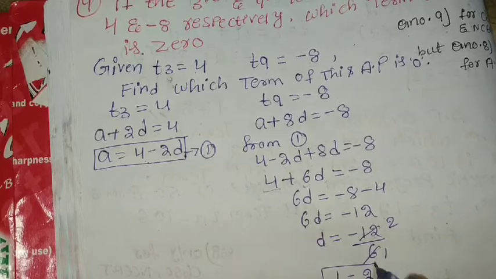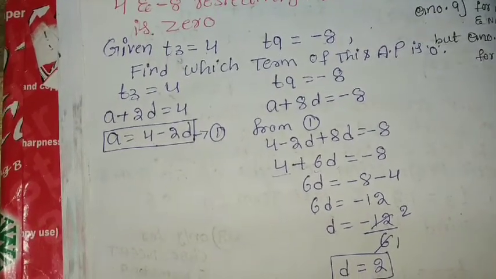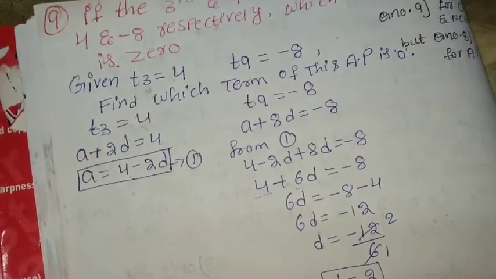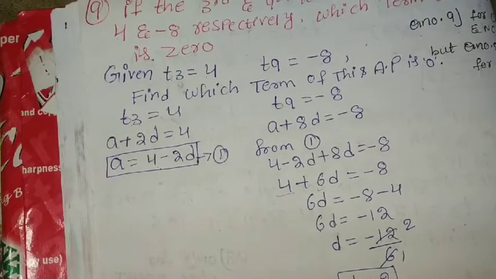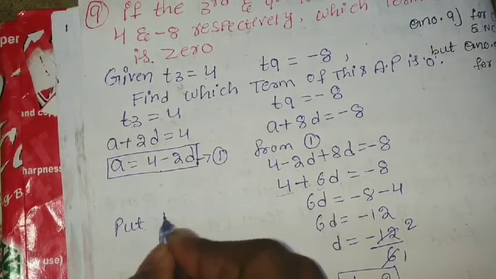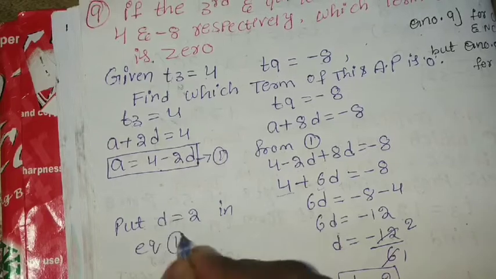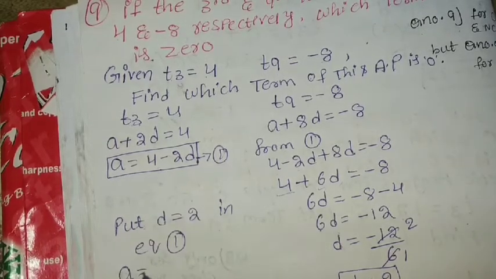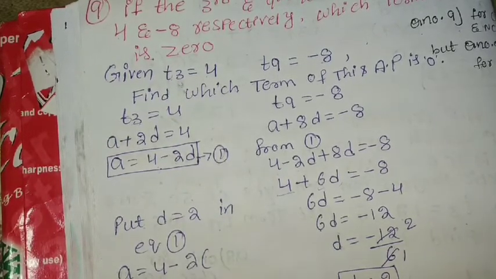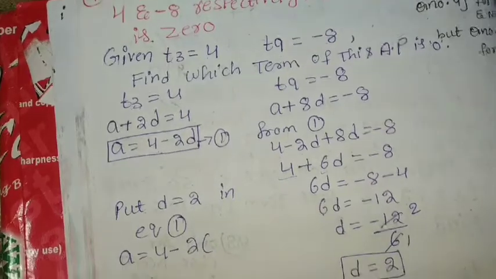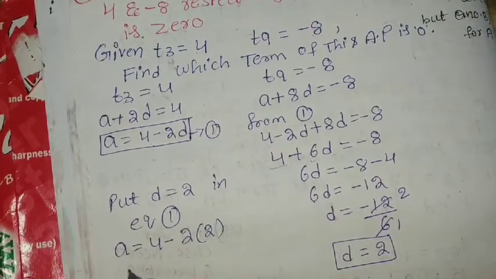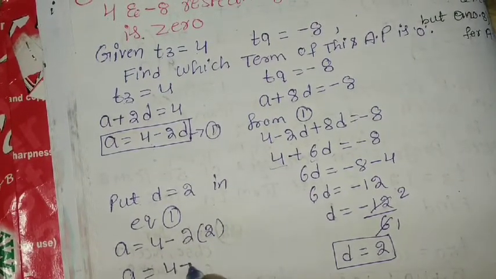What is the common difference here? Common difference is minus 2. So we need the first term. So put D is equal to minus 2 in equation 1. So A is equal to 4 minus 2 into, what is D here? D is minus 2.